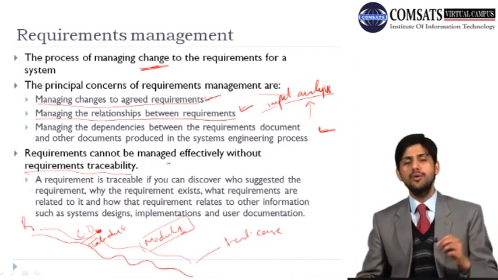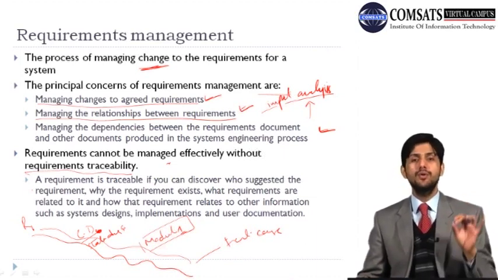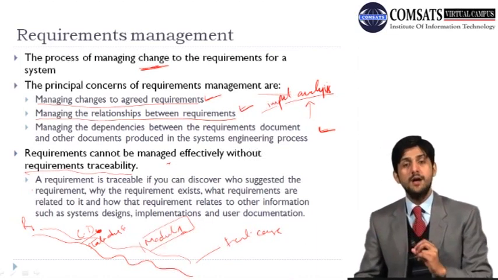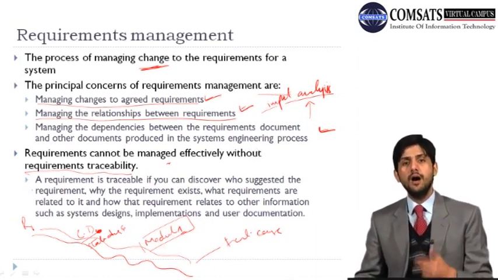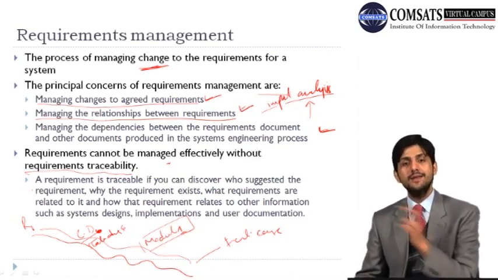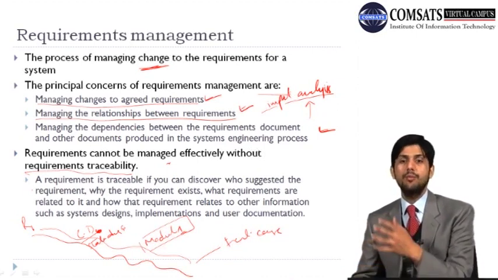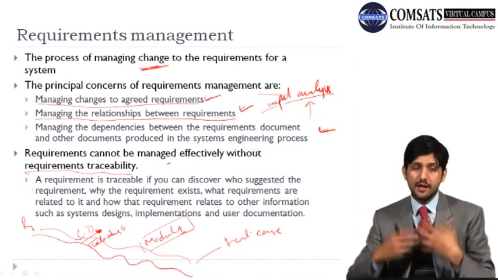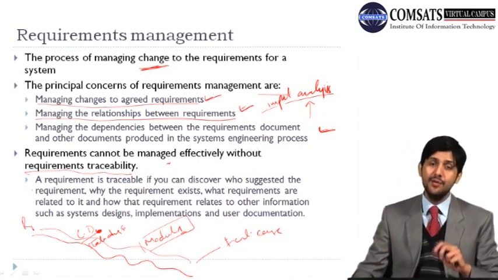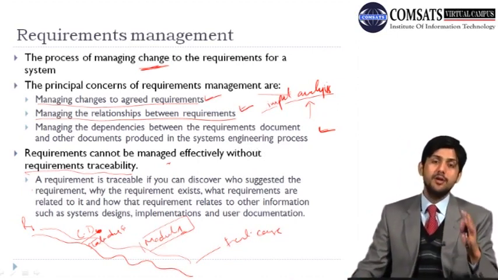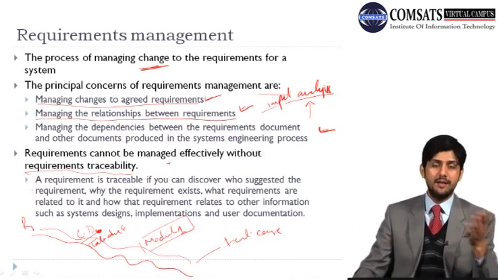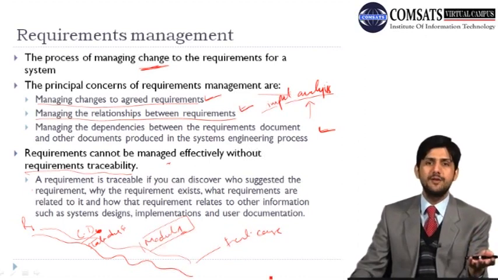We do not only want to know who requested it, what the rationale of this requirement is, and what its relationship to other requirements is, but we also want to know how this requirement is linked to other things, such as user documentation, your code, and the design documents that you have produced. Without effective traceability, you cannot know the impact of change, and hence you cannot manage that change properly, and requirement management is not performed then.